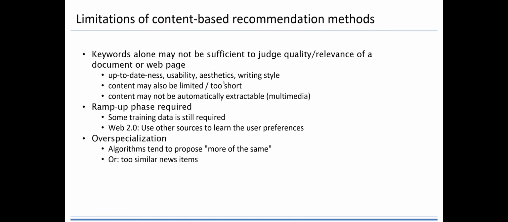So what is the limitation of the content-based recommendation methods? When we do the content-based recommendation, we use keywords. The keywords can be the genre, or the keywords from the movie, or the keywords from the books. Keywords alone may not be sufficient to judge quality or relevance of a document or web pages, because of up-to-dateness.